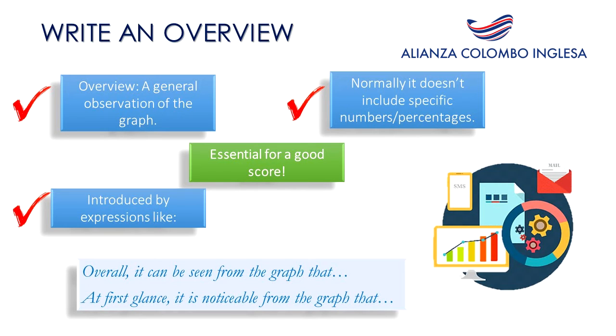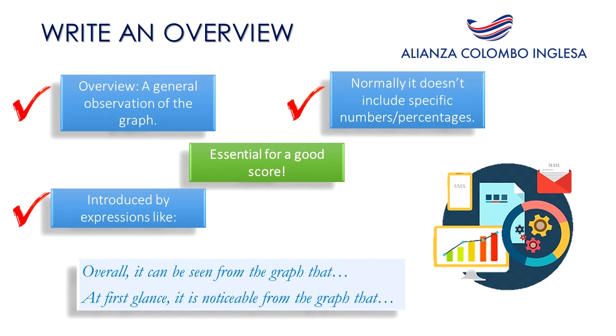Now, this overview is normally introduced by expressions such as "overall" or "at first glance," which indicate that we're going to describe an overview. We could also use the passive voice to introduce what the graph is showing in general. For example, "Overall, it can be seen from the graph," or "At first glance, it is noticeable from the graph that."